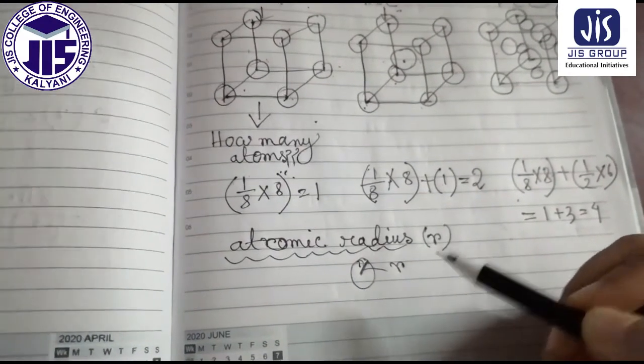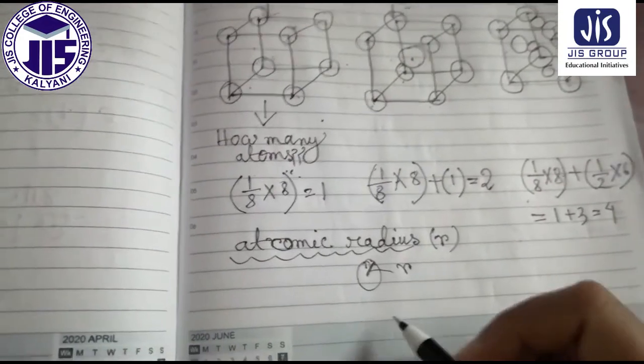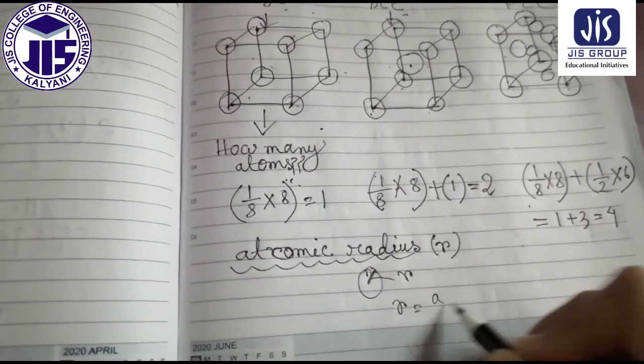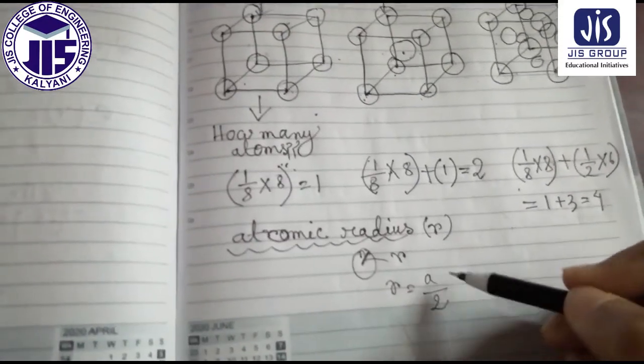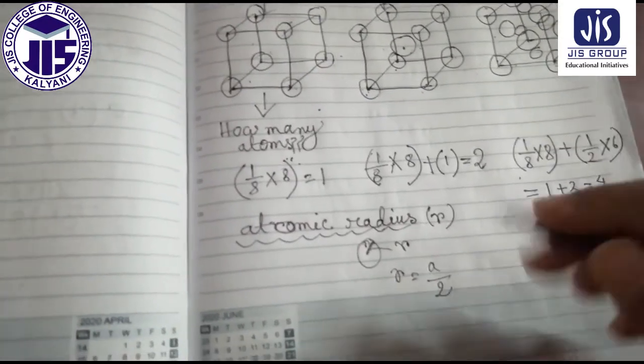So for atomic radius, there is another definition, R equal to A by 2. Atomic radius is defined also as half of the lattice constant.